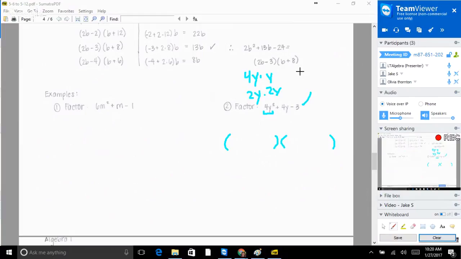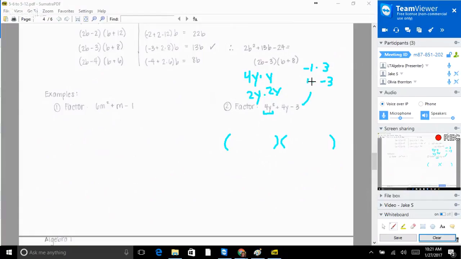That's a little bit easier because the only ways to make negative 3 are either negative 1 times positive 3 or positive 1 times negative 3. So we have 2 choices for the first and 2 choices for the second, so there are 4 possible ways that we could combine these together.